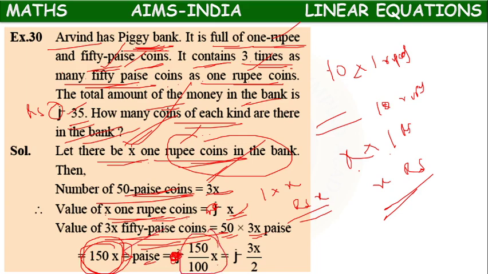From paise, if we divide by 100, it will turn into rupees. So rupees 3x by 2 is the value of the 50 paise coins, and x is the value of the 1 rupee coins.